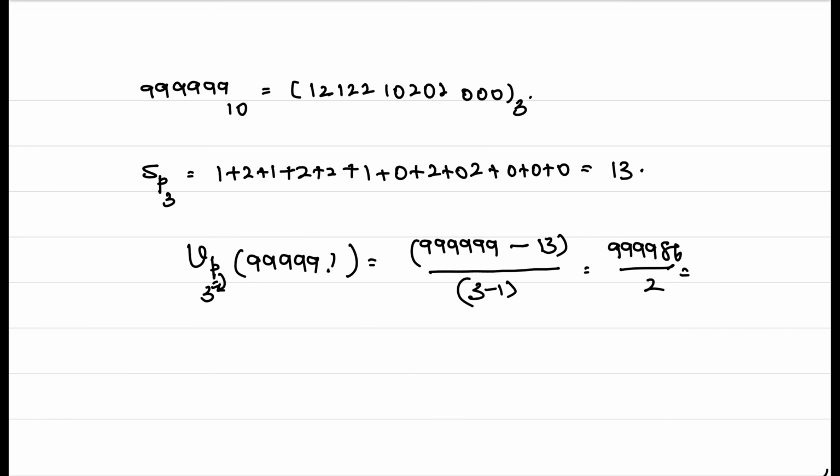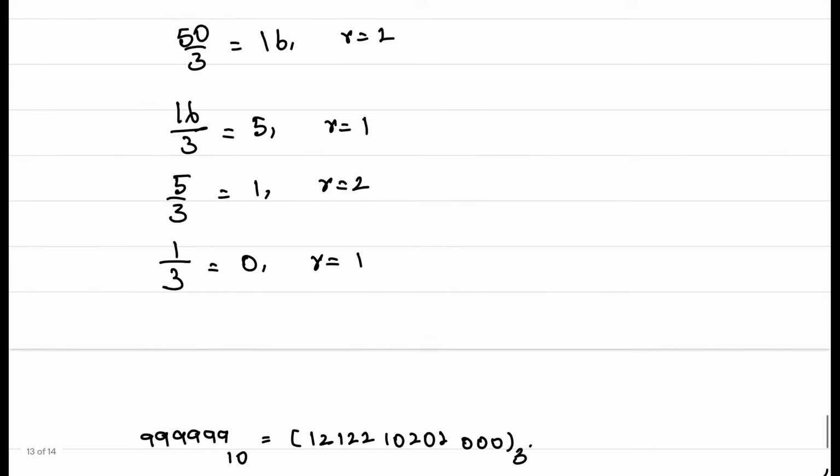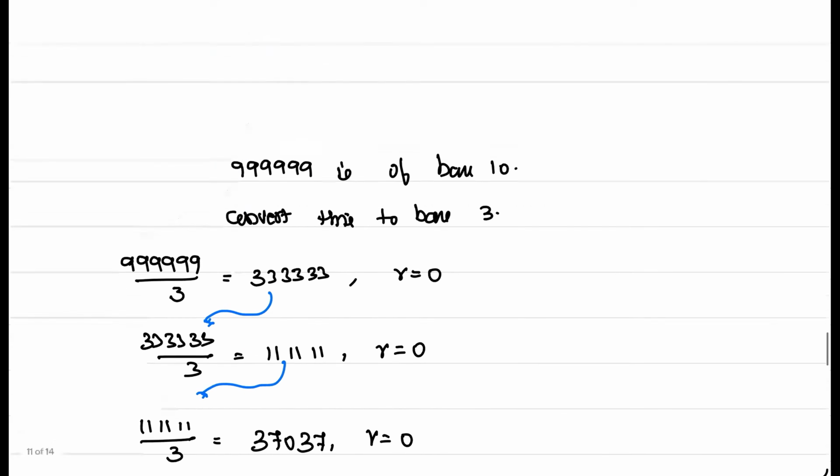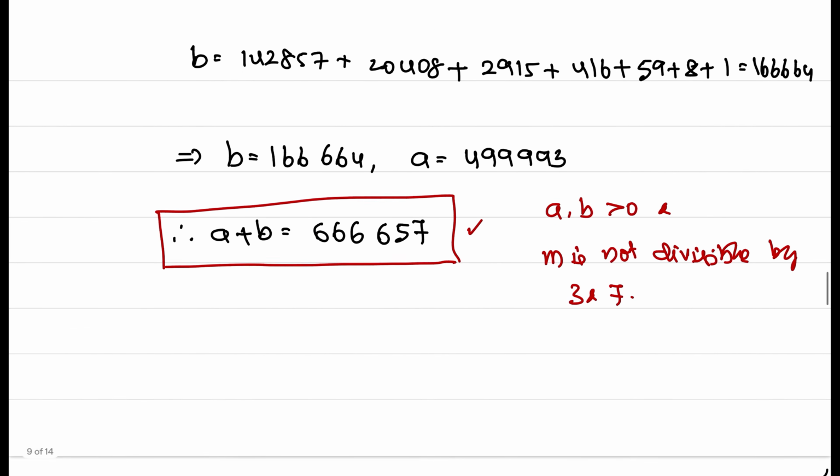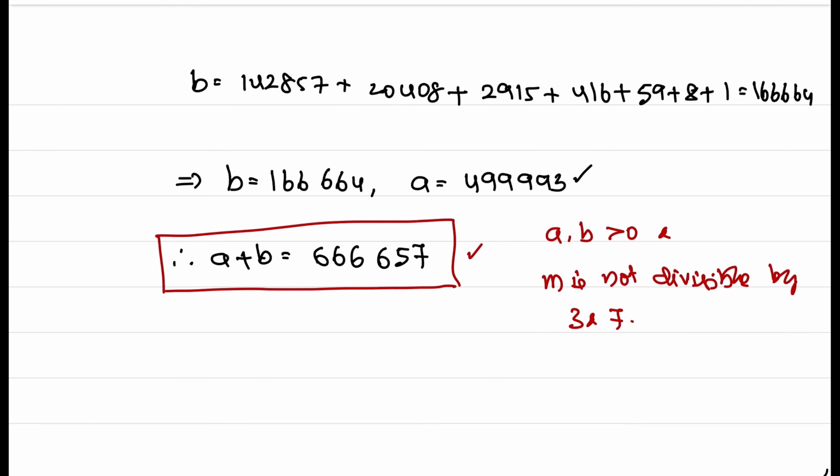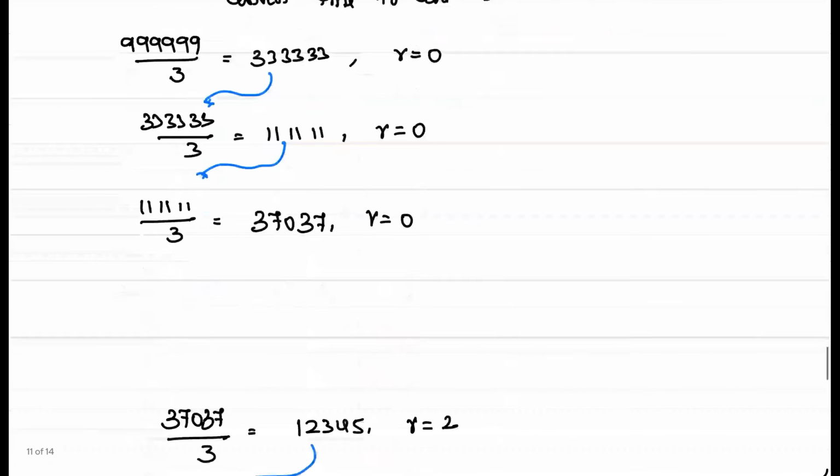999986 divided by 2. 499,993. Just to see whether we have got the same value previously. A is equal to 499,993.